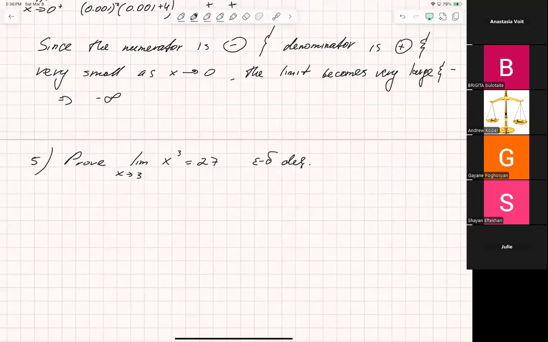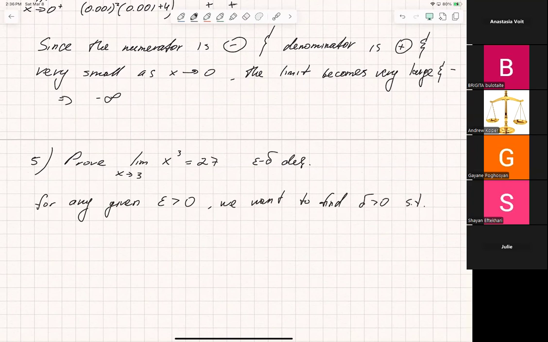So what we are essentially proving is that for any given epsilon greater than 0, we want to find delta greater than 0 such that if absolute value of x minus a is greater than 0 but less than delta, then absolute value of f of x minus L is less than epsilon.